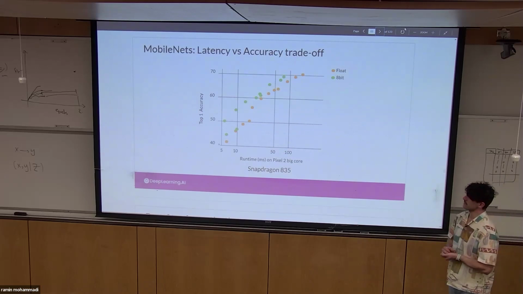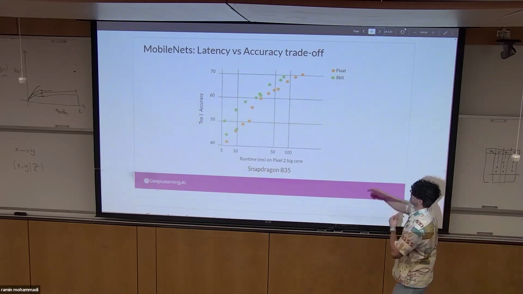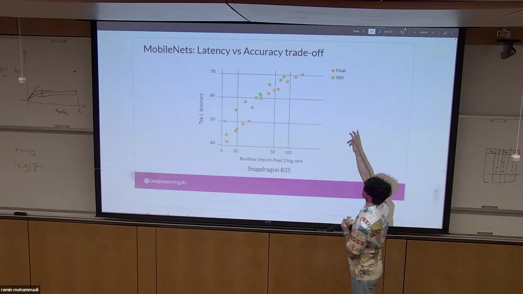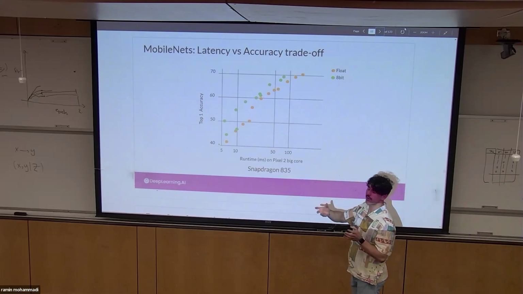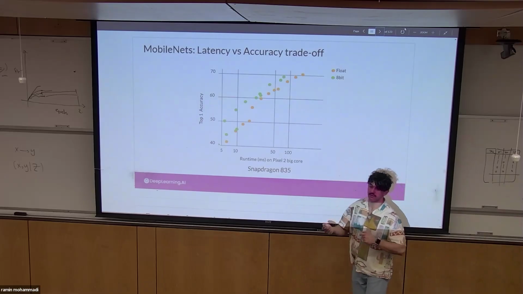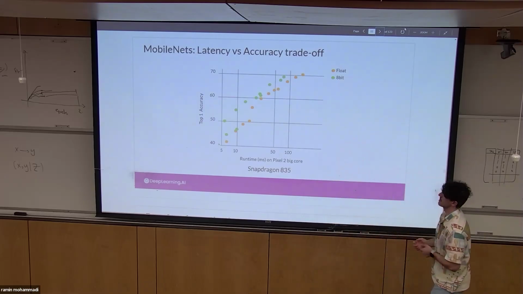Now, this is just an example for MobileNet. The orange is the float, the general MobileNet. The green is the 8-bit version after you do quantization.